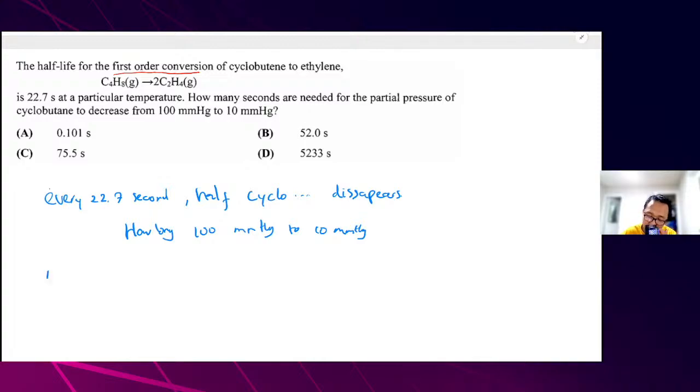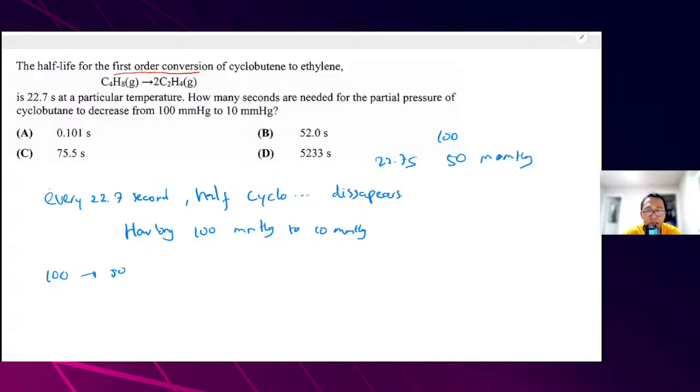So let's figure it out. From 100 becoming 50, if you don't remember the equation, for example, if we use 22 seconds, we only have the remaining cyclobutane at 50 mmHg.